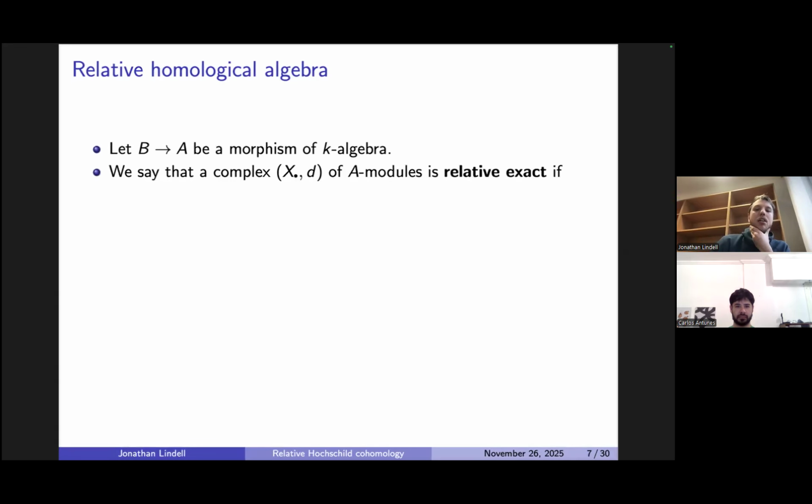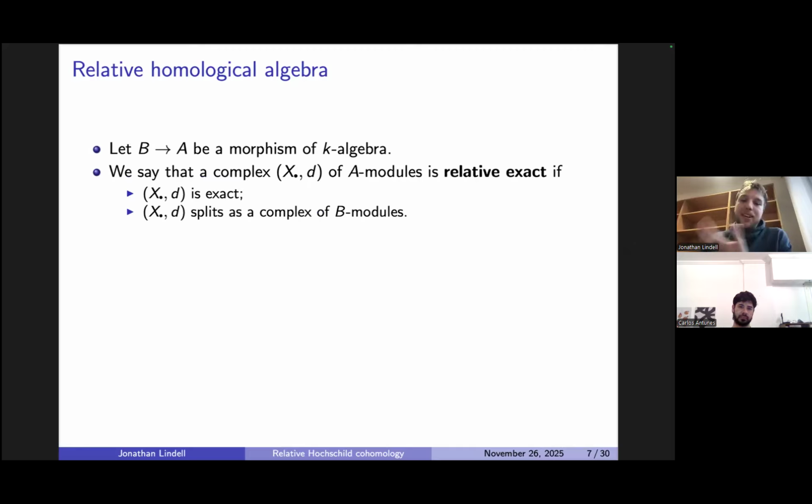And then we say that a complex of A modules, so we're always working here in the category of modules over the big algebra, is relative exact if, first of all, it's exact, but then we have a second assumption that the complex splits as a complex of B modules. So when we take the forgetful functor to the category of B modules, then this complex should split.